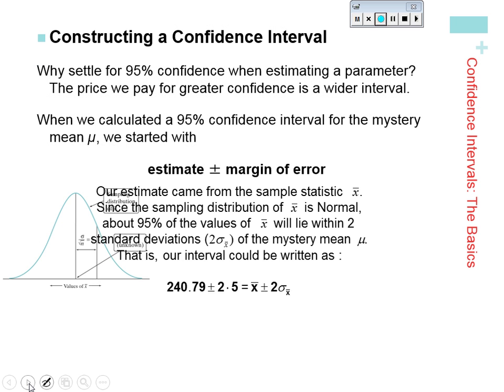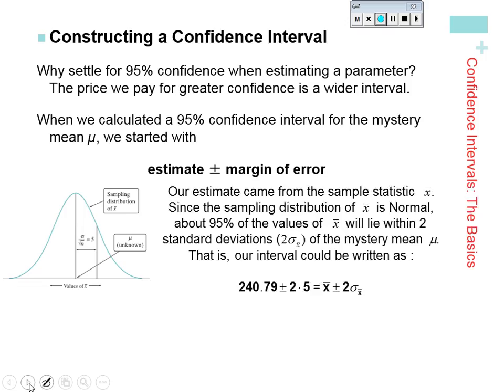So in terms of constructing a confidence interval, there's a couple different things that we're going to look at here. One is the estimate that we get from the sample that we take from the population, and then we have the margin of error, and that's how far above and below this estimate our interval is going to be. So the estimate basically is the value that you get from your sample. The margin of error comes from essentially two things.